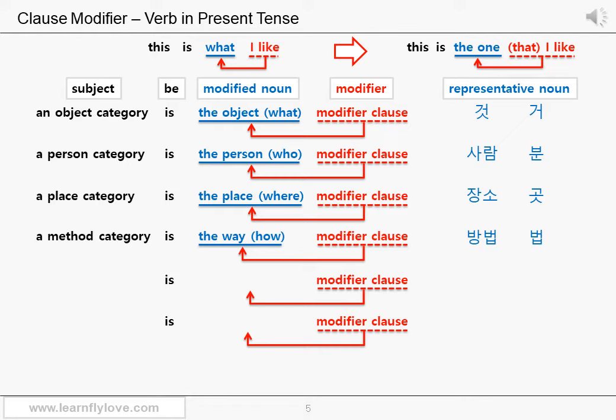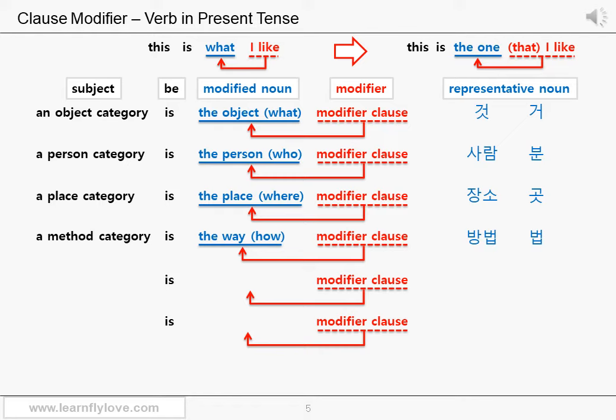This 법 cannot be used alone as an independent noun, while 방법 can be. Be careful about that. As we always say, if it's too much, just remember 방법 for now. Making conversation is more important than being fluent for now. You can say that you use this noun 방법 or 법 instead of how in this type of sentence.